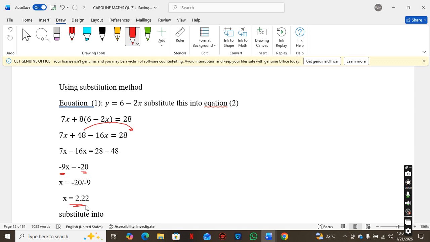So we found the first coordinate of the intersection, x equals 2.22. Now since we're dealing with number of units, after you find y, you can just round off. I wouldn't advise rounding off here yet.